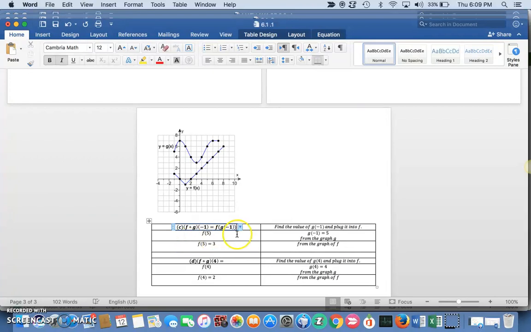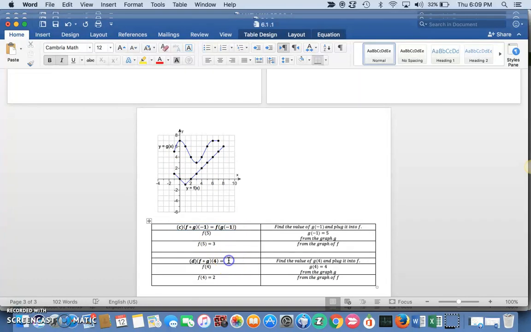We find g of -1 first. Go to -1, read up to g, and you pick up the value of 5. Then go over to where x is 5, and then read up to f, and that value is 3. So 3 is the answer.